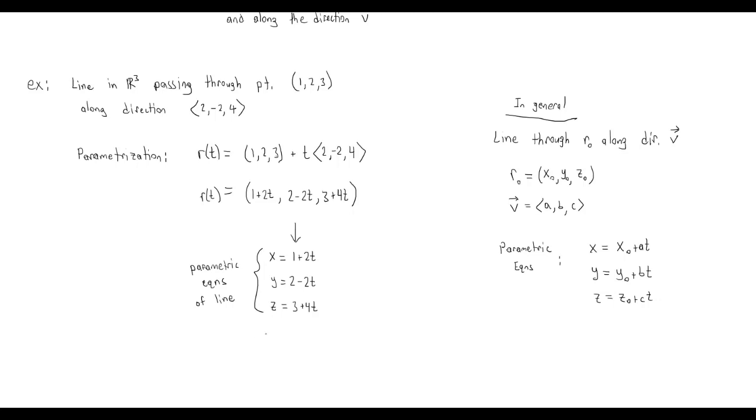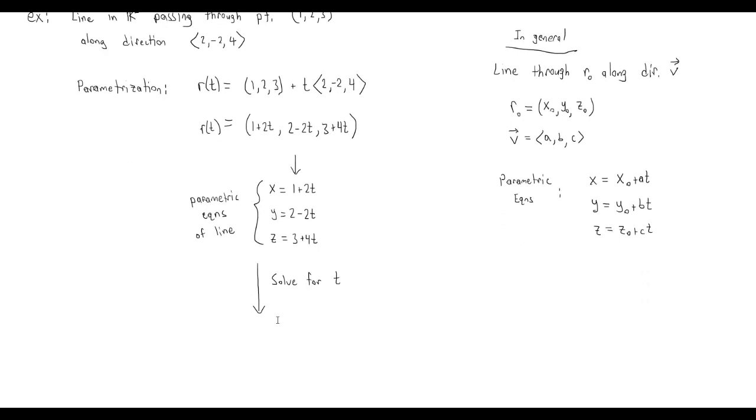So if you take the parametric equations and if you solve for the parameter t in each of those 3 equations, in the first equation, we're going to get, if we solve for t, x minus 1 over 2.